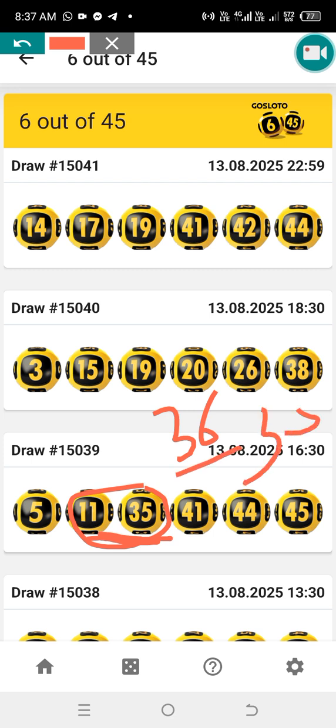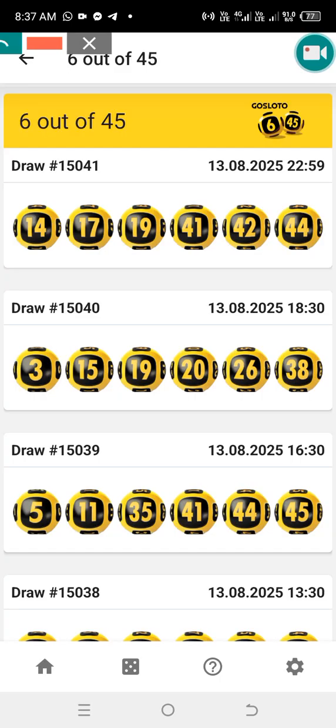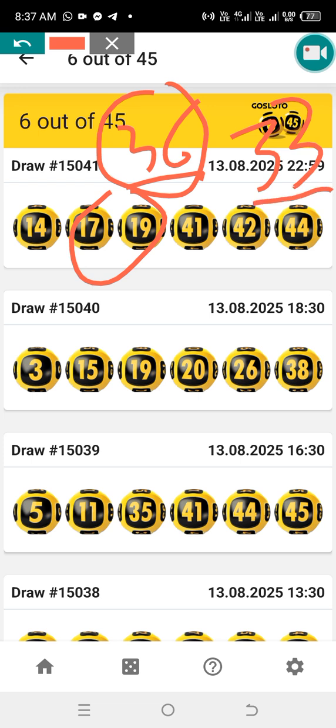So meaning our next draw we're playing 33, right? Since it's supposed to come here as well. All right. So the nearby number of this one is 36. We can play that 36 as it is, or 33 because it's a family of 6.